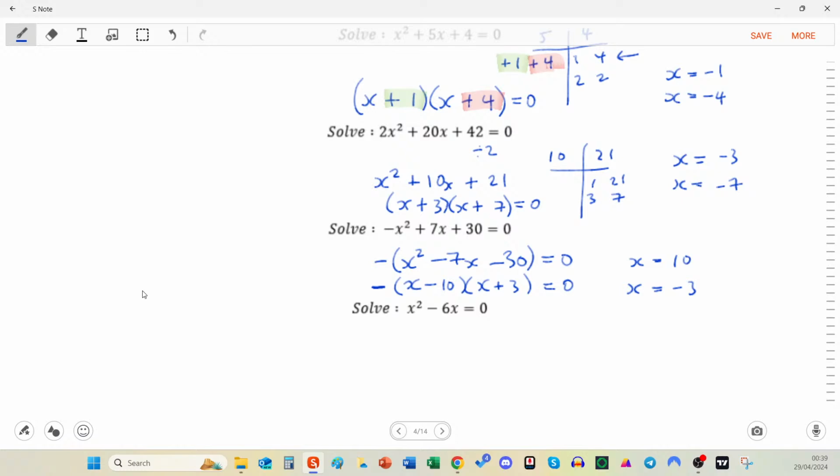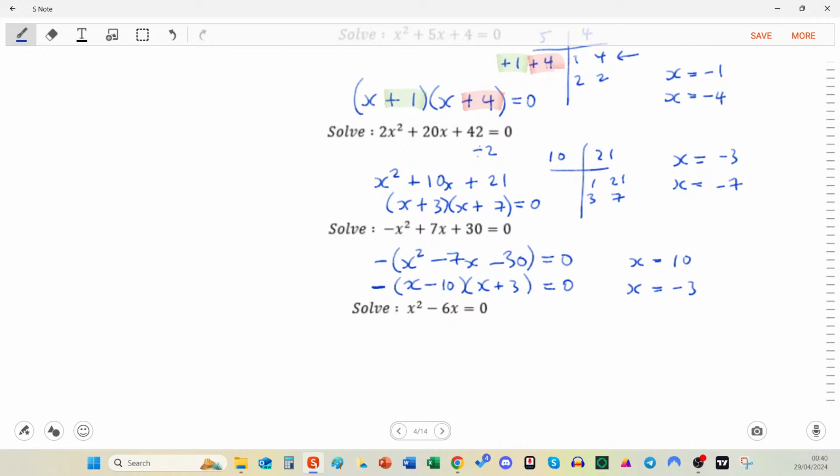Okay, solve this one. This is where we're using all these quadratic methods. And this is where it'll throw you off and you think, oh, I've got to use the whole quadratic table thing. And actually, it's just a basic one, but it needs to be here so you can see it. Some people try to rearrange it and go x squared equals 6x. Okay, divide both sides by x. Okay, x equals 6. Okay, well that's one solution, but because you divided both sides by x, you've lost out on the other solution.